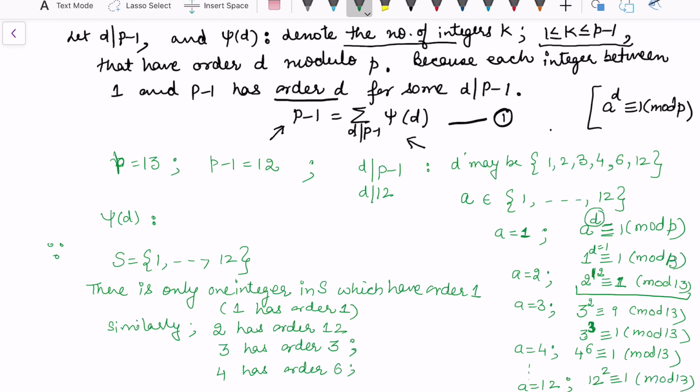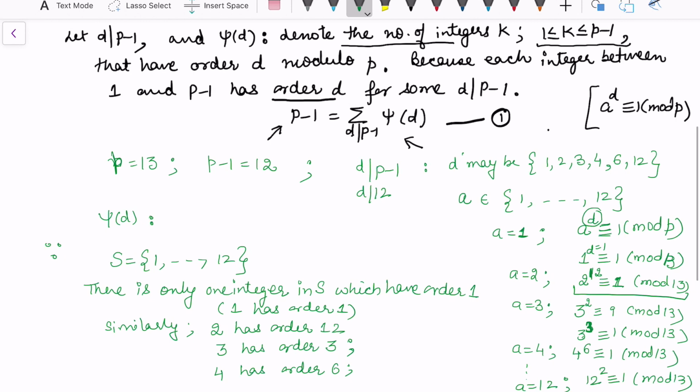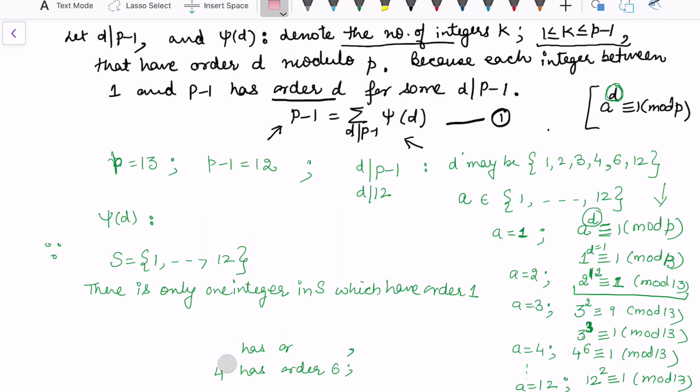Now consider them in the form of divisors and try to make this list. Let's make the list according to divisor, reading from the construction that we have done here.